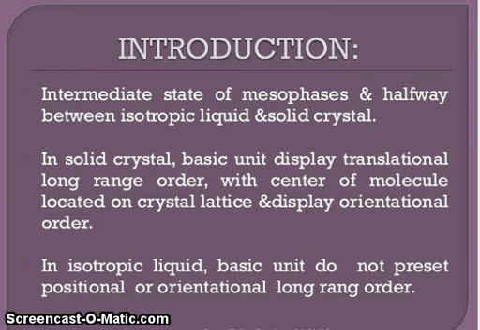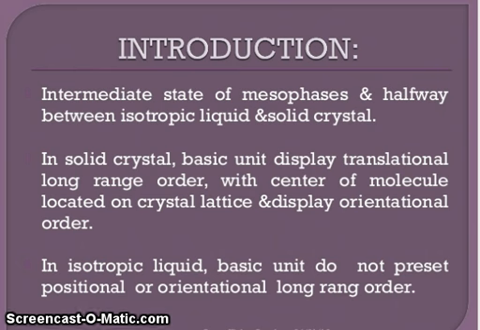Intermediate states, or mesophases, are halfway between isotropic liquid and solid crystal. In a solid crystal, the basic units display translational long-range order, with the centers of molecules located on a crystal lattice, and display orientational order.